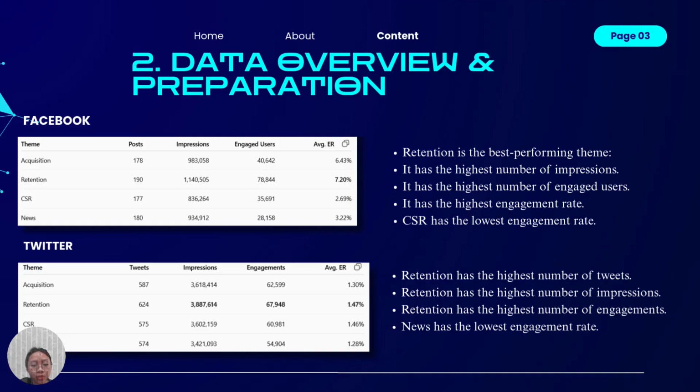Meanwhile, the news theme records the lowest engagement rate at 1.28%. In summary, across both platforms, the retention theme consistently proved to be the most effective content category.